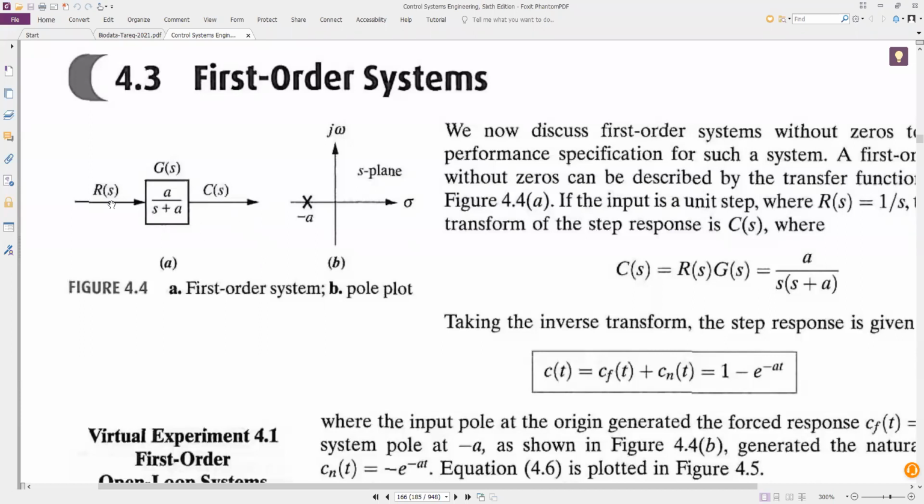So in the first order system, let's look at an example.